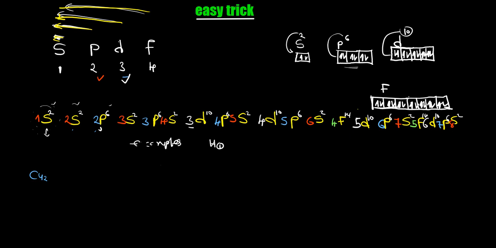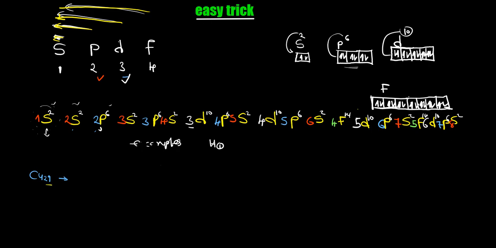Copper has a proton number of 29. Since this is 29, we'll start our electron configuration from our reference there, guys. So 1s will have 2 electrons, then 2s. We have started our electron configuration, guys. We have 29 electrons.